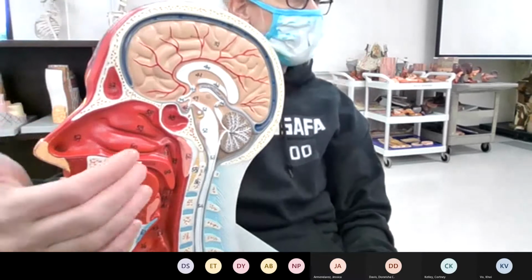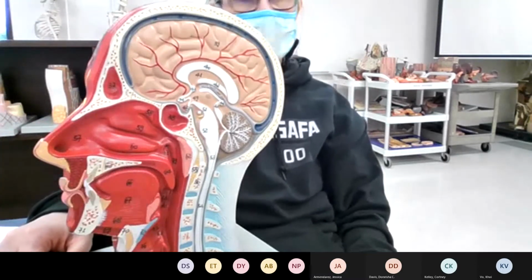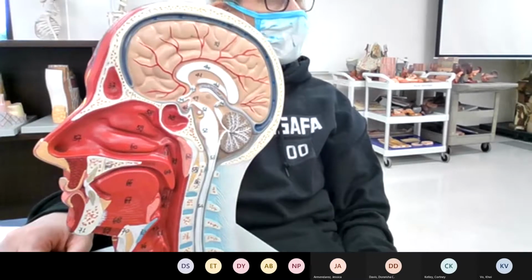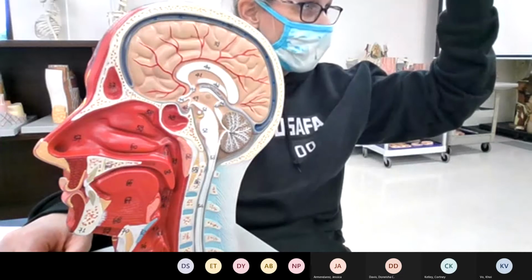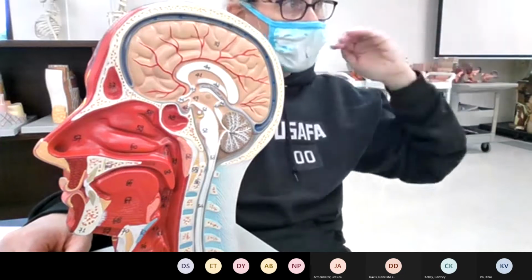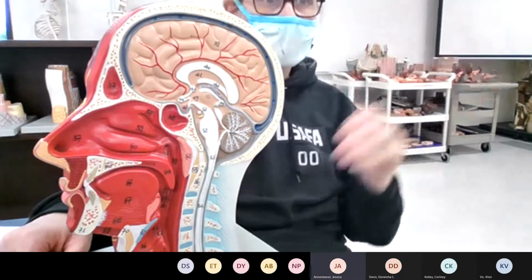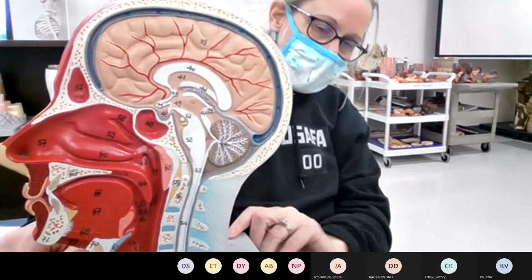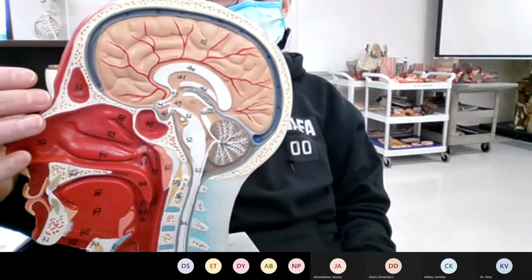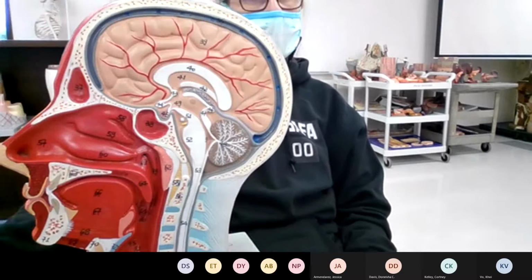All right, what are some of the big landmarks inside the nasal passageway? The superior, middle, and inferior bones, or the conchae, and the tunneling between them is the meatus. Okay.